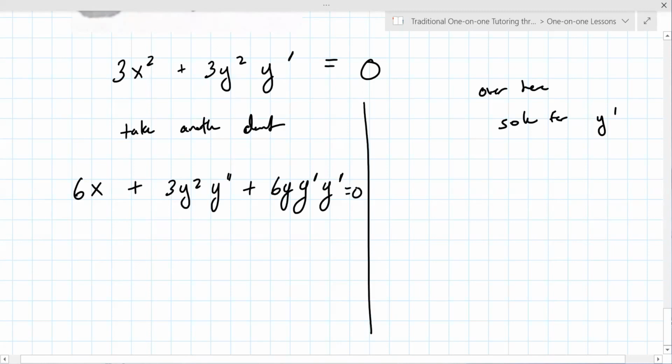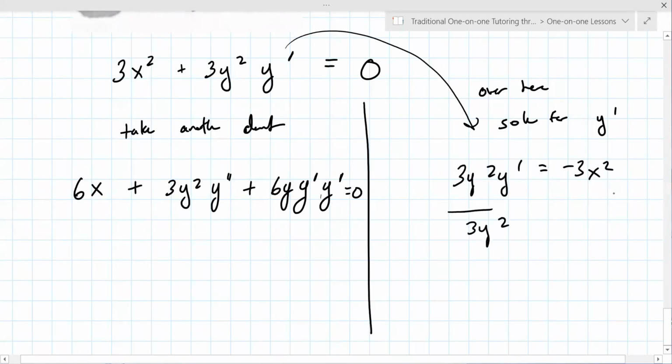So the reason you solve for y prime over here from this line is because you're going to substitute it back in over here on the left. So 3y squared y prime equals minus 3x squared. Divide both sides by 3y squared. You get y prime equals minus x squared over y squared.